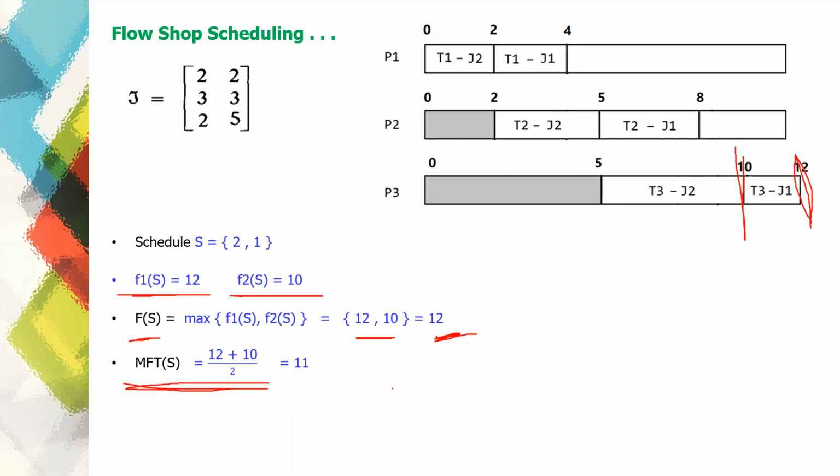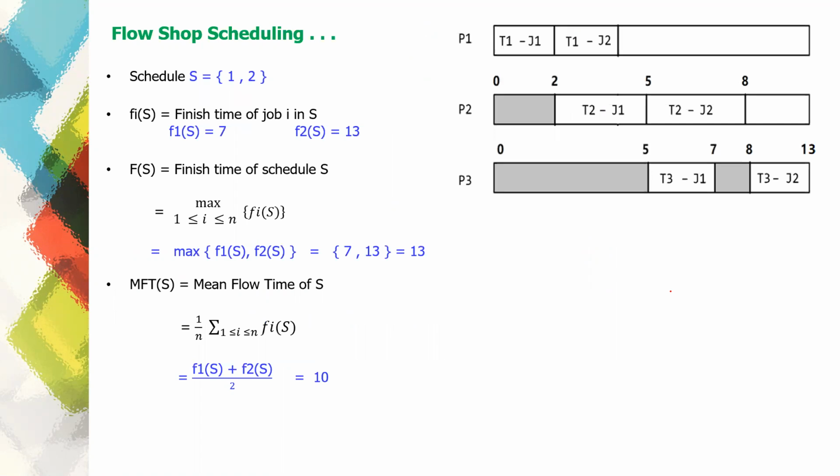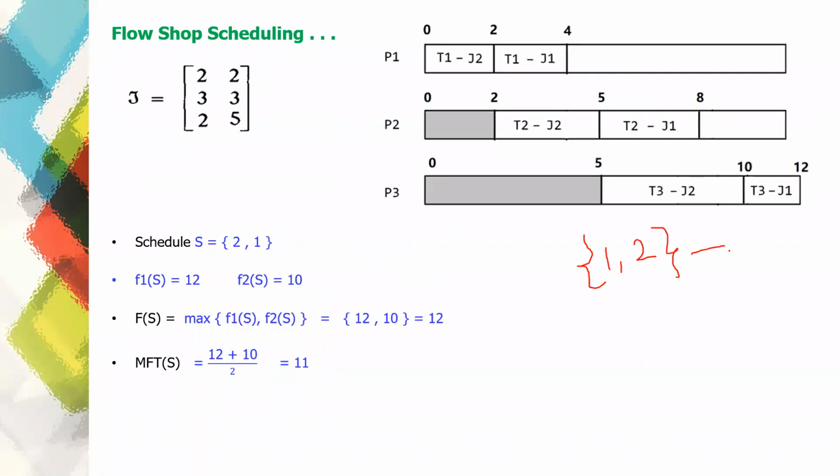Now you can compare which schedule is the optimal schedule. I first scheduled 1, 2 in that order, and the finish time was 13. And then I scheduled 2, 1, and the finish time is 12.